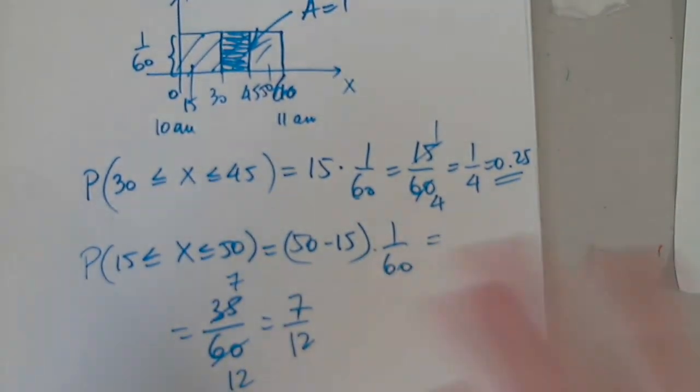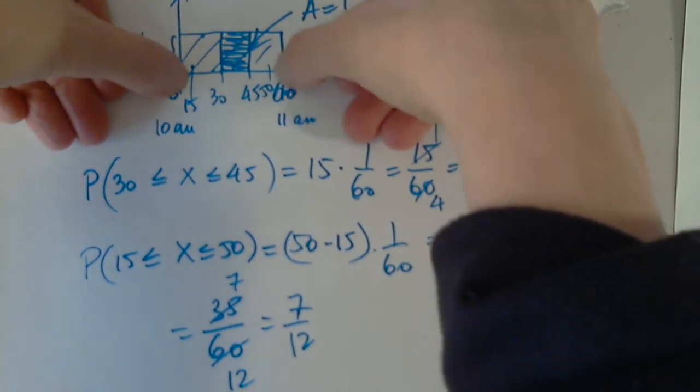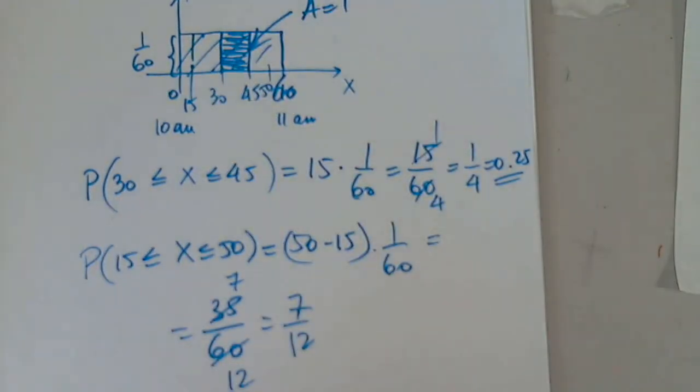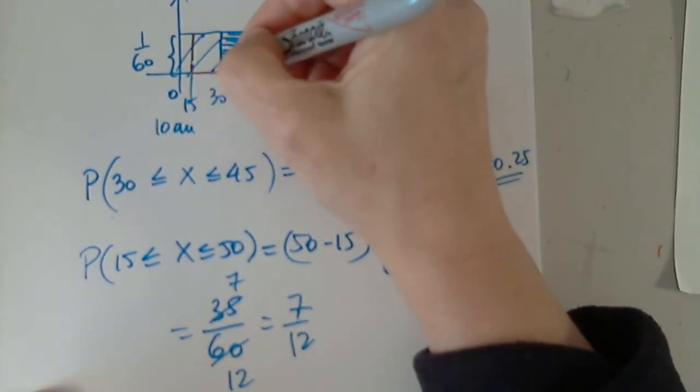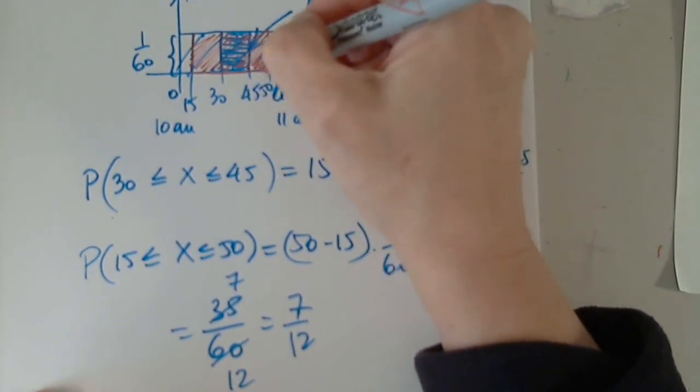I picked another example randomly. I said, what if we get the package between 10:15 and 10:50? Again, I have to determine this area. I didn't put it in, not because of laziness, but because I didn't want to have too many things here. But let me explain what this is.